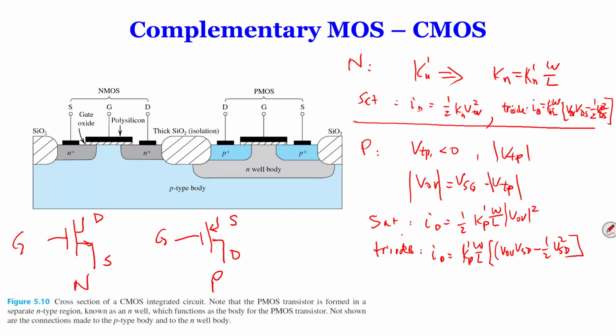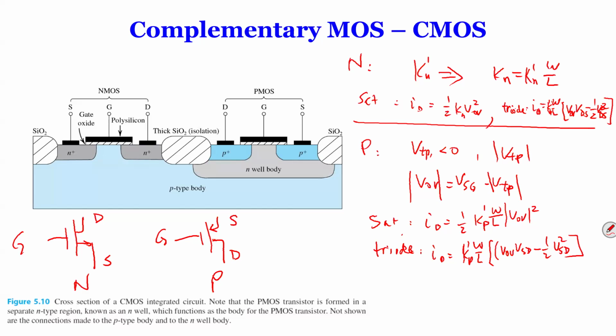Because the gate is insulated, there's no current from gate to the body, no current here. That's the reason the MOSFET symbol has a little gap between the gate and the body. It's a very interesting representation of there being no current.